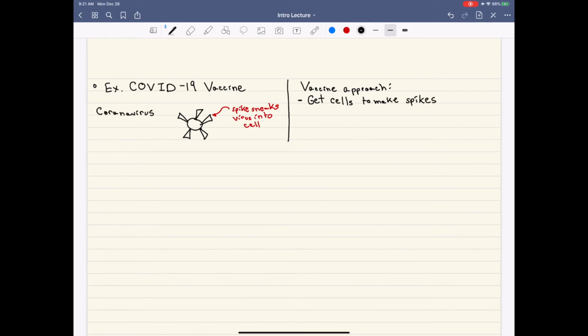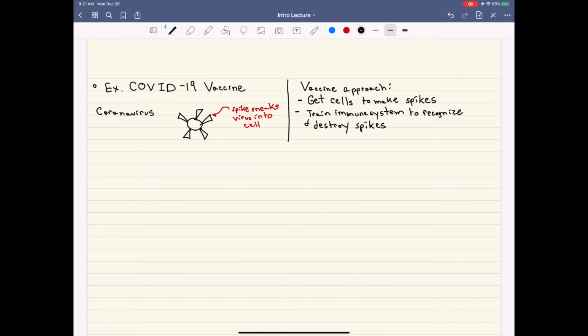All right? And the reason we're doing this is because we want to train our immune system to recognize these spikes. And once it can recognize them and realize, oh, this is a bad thing that we're seeing, also train the immune system to destroy the spikes and the corresponding virus.